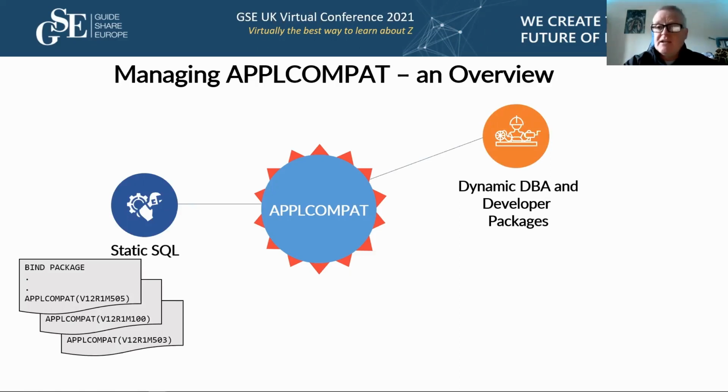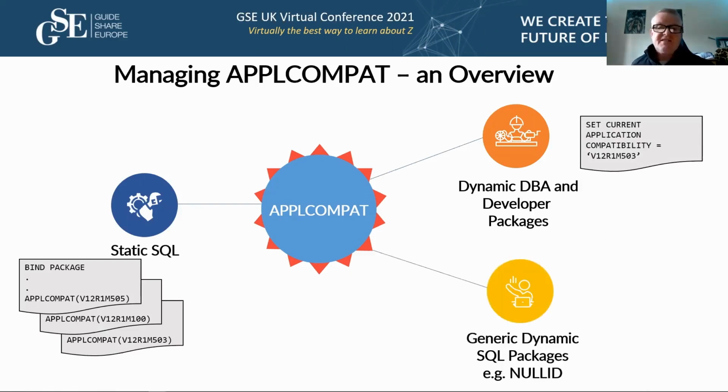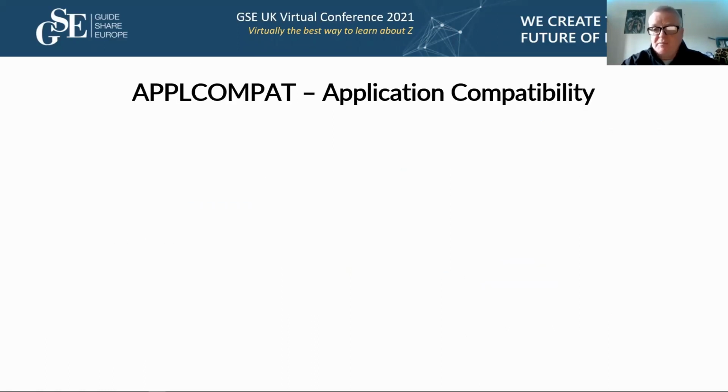And then you've got dynamic DBA developer package over on the right hand side, and for those you can set your current application compatibility special register when you run your program, so that's not too difficult either. But then you get to the generic, what happens when you throw dynamic SQL just into DB2? What does it run as? Which packages does it pick? So that's where it gets quite messy.